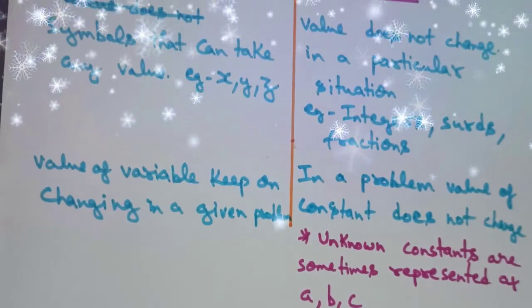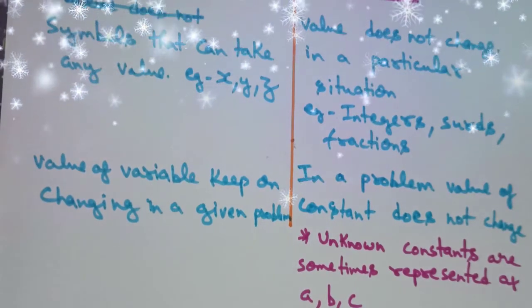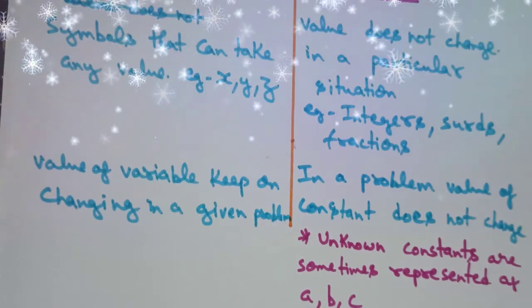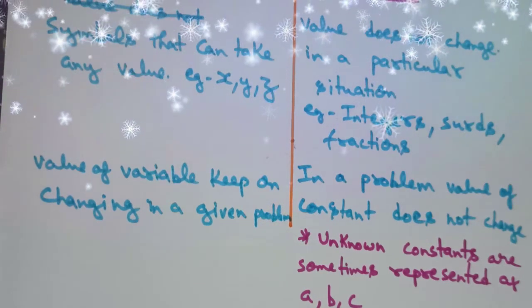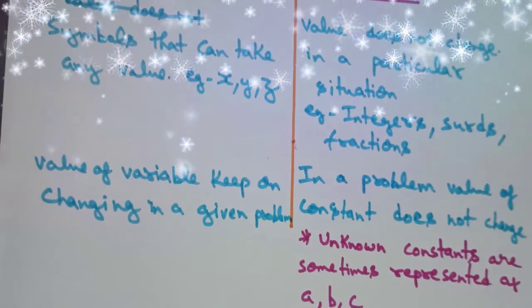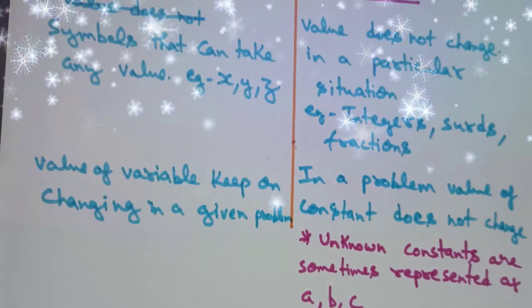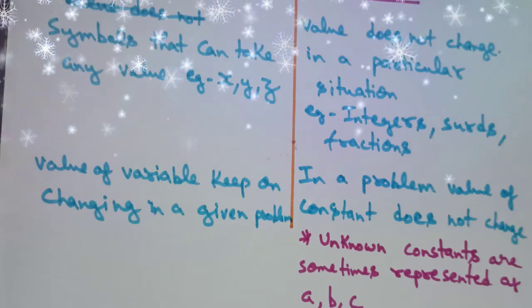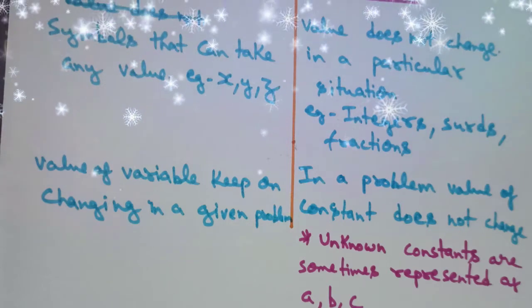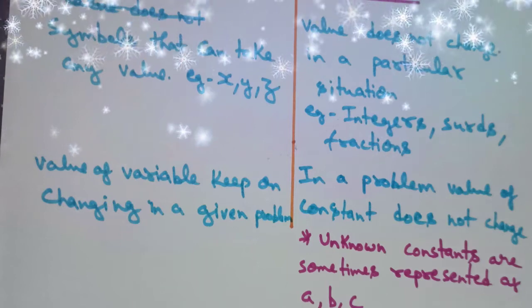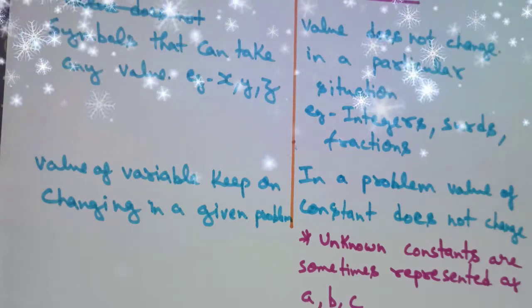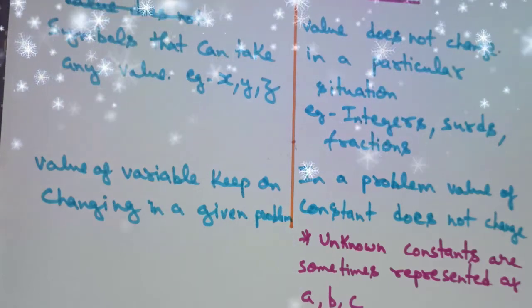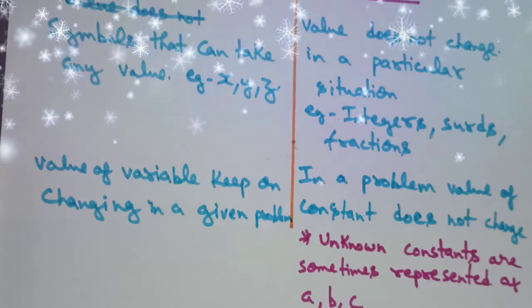In a problem where the constants are not known, they are sometimes represented as small a, small b, or small c. So when we discuss the general form of polynomials, we will be studying these alphabets, like ax plus by plus c, or ax square plus by plus c, or ax plus b.